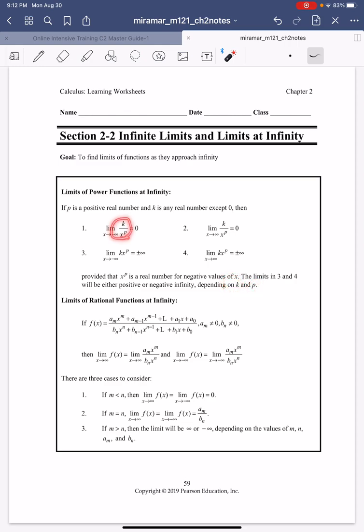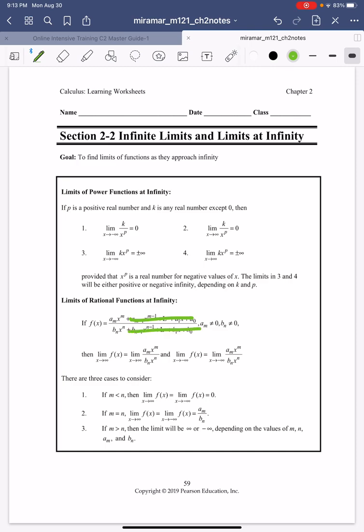In a fraction, if you pick a really, really big number on the bottom, it will be 0. If you multiply, you're going to get either a very big number or a very small number. Limits of rational functions at infinity is another concept that we are going to talk about in section 2.2. It basically means we have a fraction, and when we calculate the limits, because we are looking at just the general behavior, we really don't have to pay attention to the extra terms.